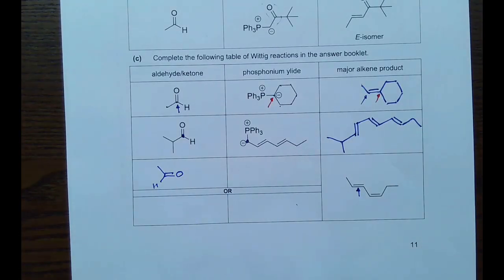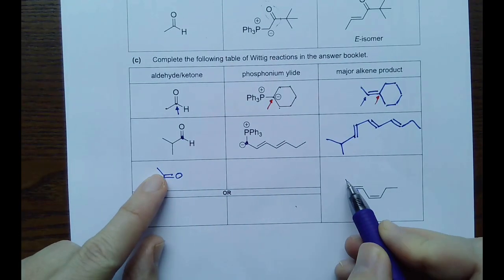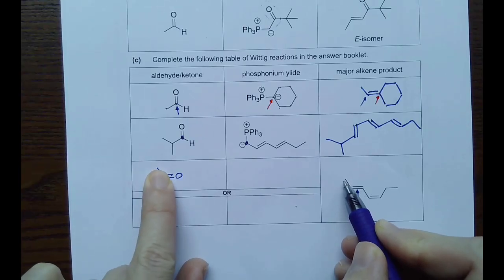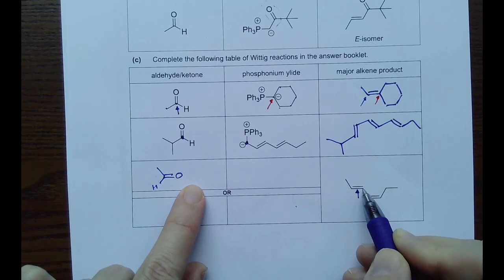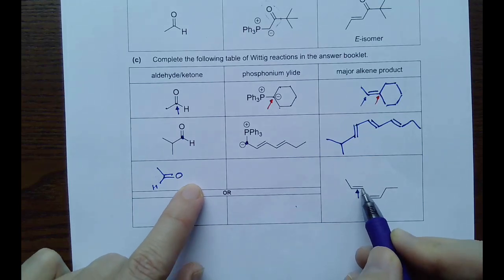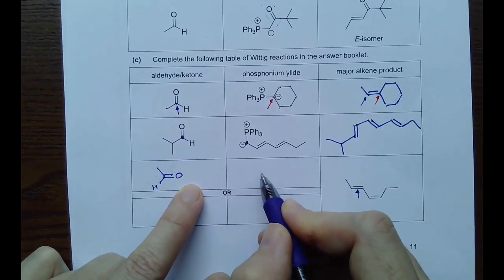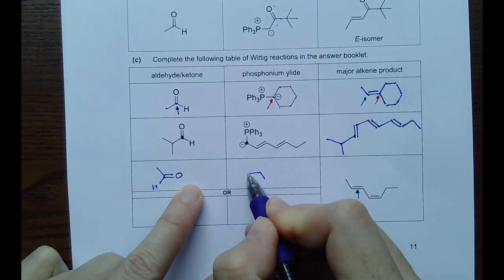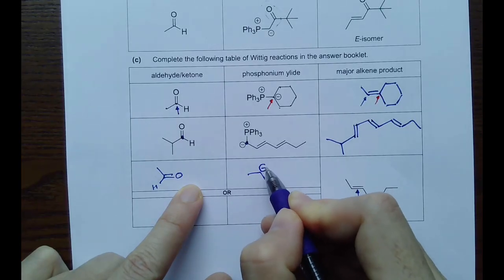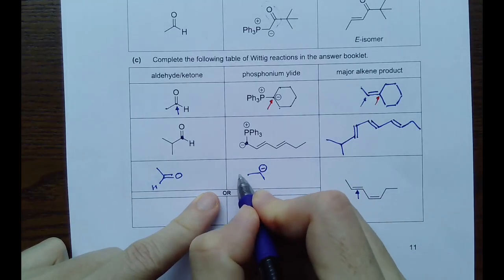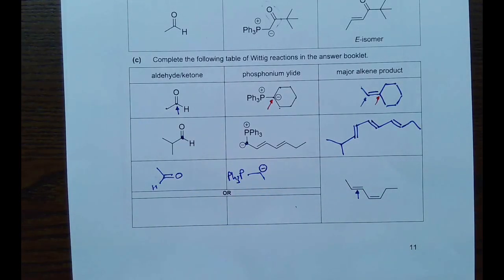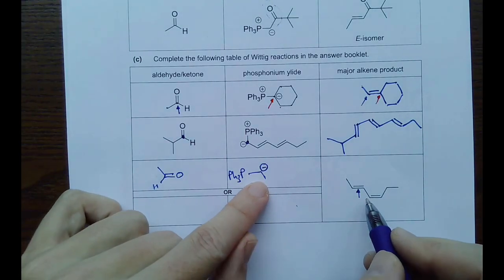Okay, and so this carbon is this carbon, this carbon is this carbon, so my phosphonium ylide is going to start here. Okay, and this is where it's really easy to lose a carbon. So then I have my PH3P, and now I just need to carefully track all of my carbons.